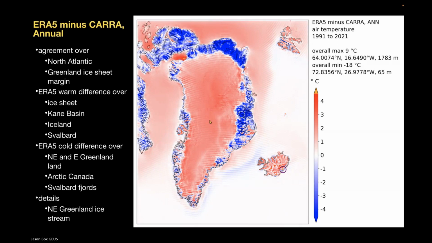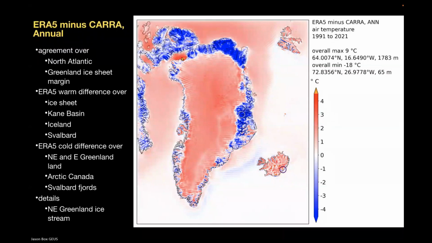Here's at the annual scale, and there's widespread warm difference for ERA5. So ERA5 is warmer over the entire ice sheet at the annual scale. There's a warm spot over Kane Basin, Nares Strait that David Bromwich was talking about. It's a very, very interesting region biologically, culturally. Lots of studies focus here in atmospheric dynamics.